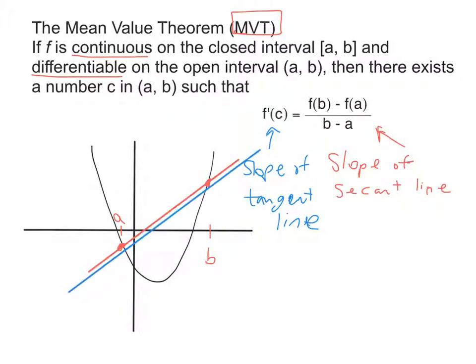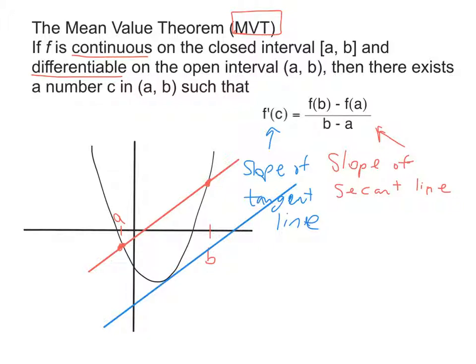Okay, now I'm looking for somewhere in between A and B, in between here and here, I'm going to have a tangent line that has this slope here. So technically, let's take a look. It's going to be somewhere probably about right, boom, about right there.